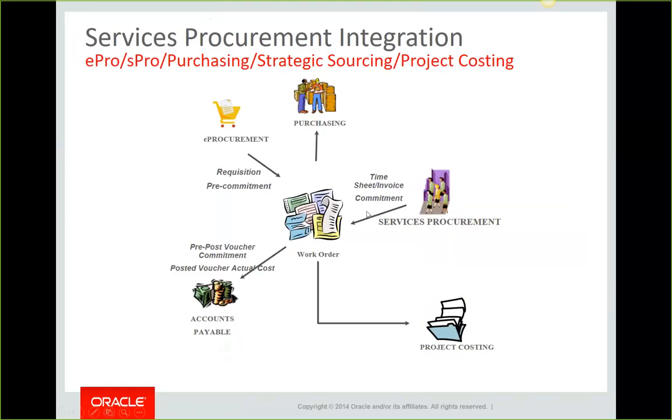It's even reaching into purchasing, so if you want to generate a corresponding purchase order, you can do that. E-procurement can help issue that requisition to do the sourcing and then generate your work order. Project costing is part of the equation there as well, because you can do rebilling if you want to. And then as your timesheets come in and get approved, they go over to accounts payable for voucher payment, that kind of thing.